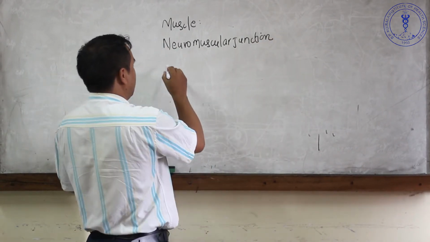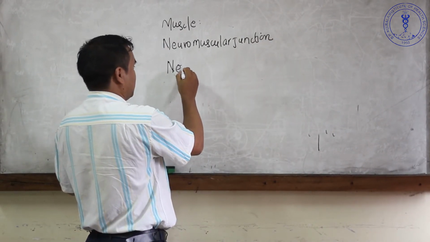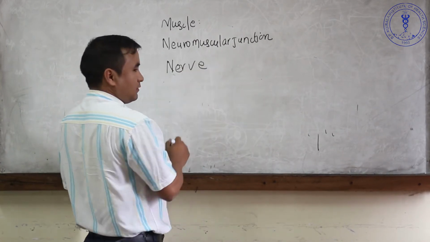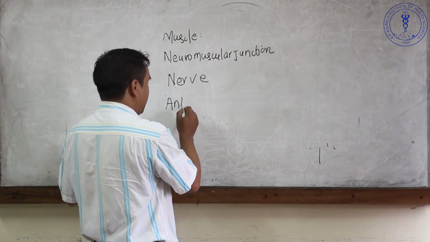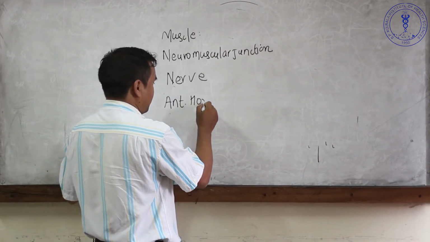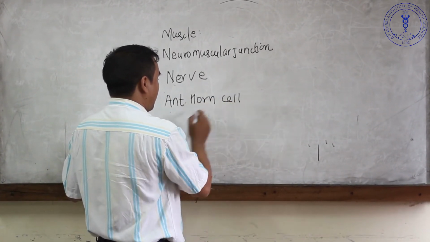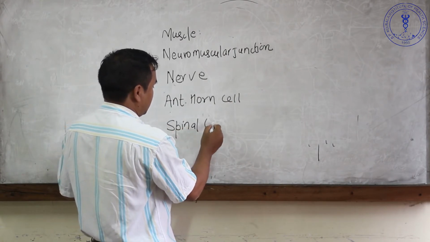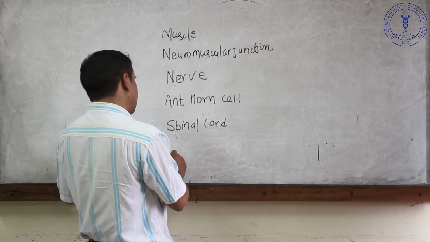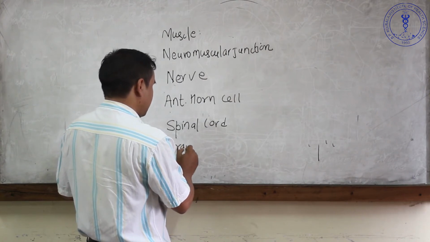The problem may be at the level of the nerve. The problem may be at the level of the anterior horn cell. The problem may be at the level of the spinal cord, maybe at the level of the brainstem.